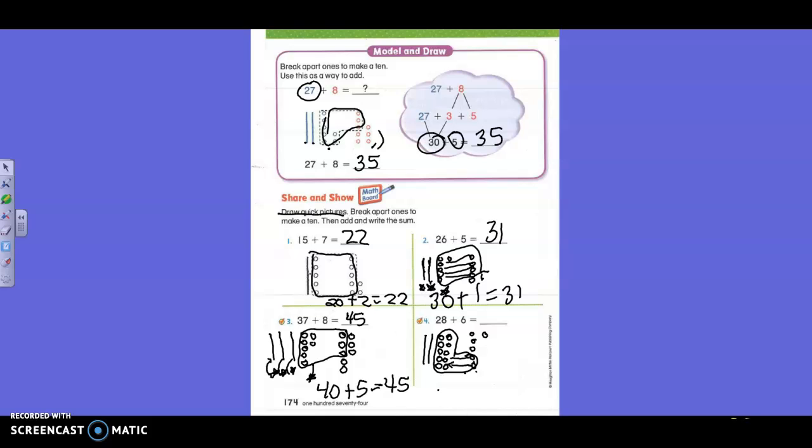We have one right here, right? A 10? We have a 10 right here, right? Then we made this 10, right? Yeah. Okay. So where are you getting 4?